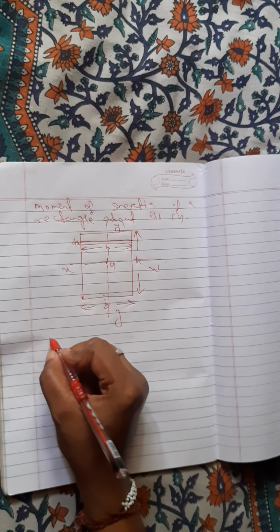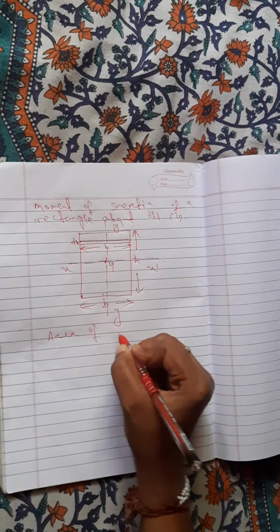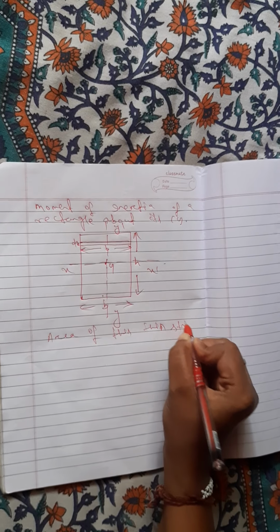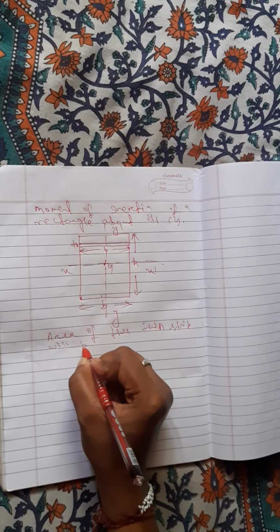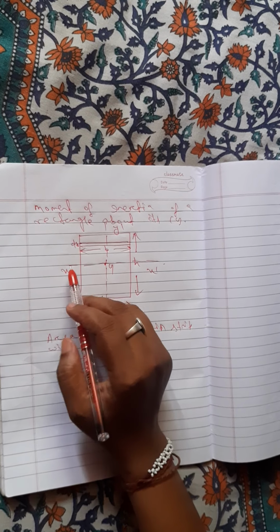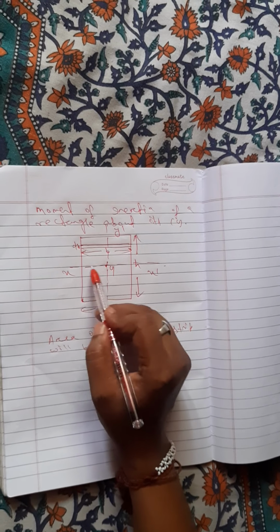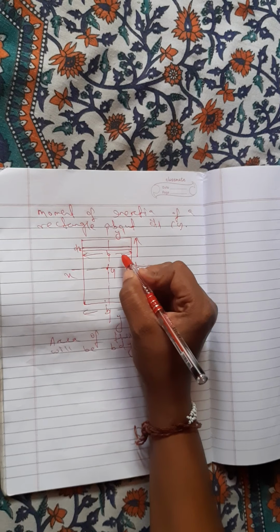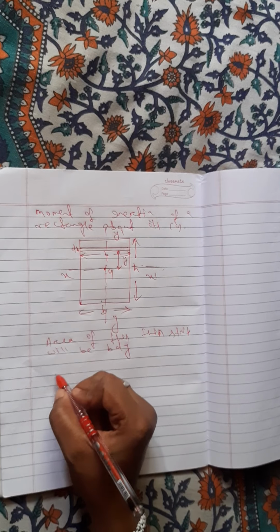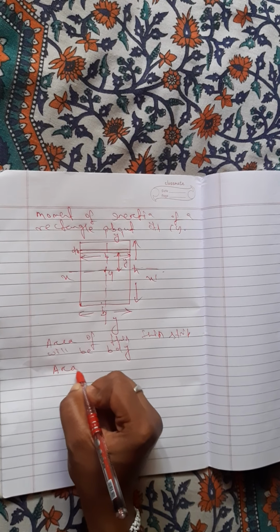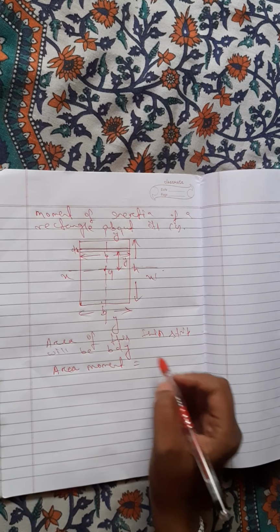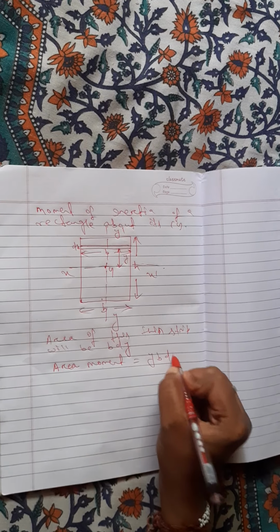So the area of this thin strip will be b into dy. We have to find out the moment of inertia of this thin strip about this axis. Let the distance between the thin strip and this axis be y. So what will be the area moment? Area moment is equal to y into b dy.